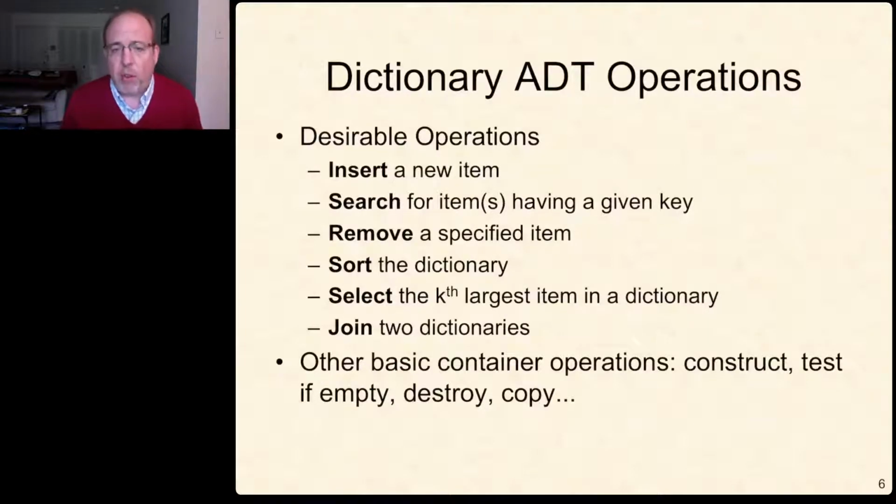We might also want to sort the dictionary, select the kth largest item in a dictionary, or take two dictionaries and join them together. Those last three tend to be a little less common in most of our applications for hash tables, although we'll see an example today of using this for insertion, searching, removing, and selecting the kth largest ones. Of course, there are any basic container operations: you can construct them, see if they're empty, destroy them, copy them, assign them, et cetera.